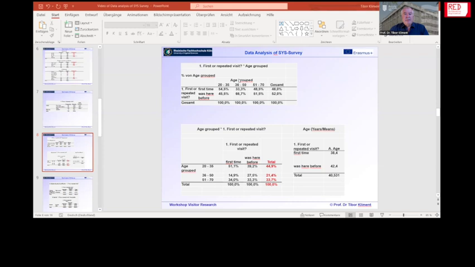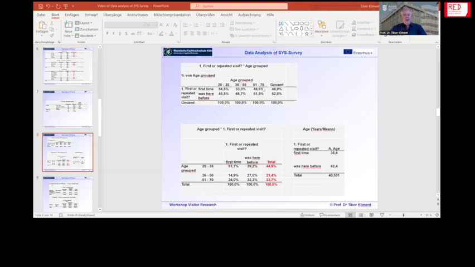A table, as I mentioned before, is done by columns and rows. If we look at the table above, which combines first time or repeated visits with age, we have here in the header columns the age, three different age groups, and here we have first time or regular visitors.